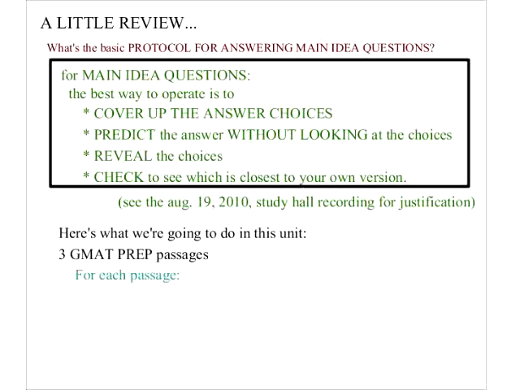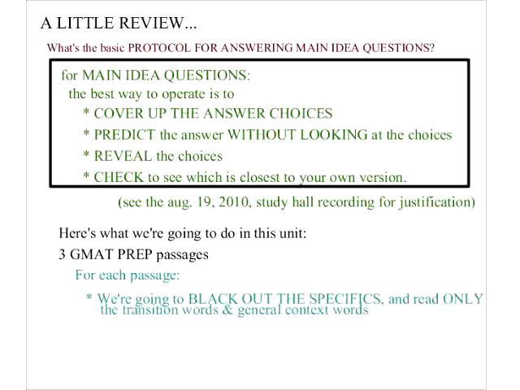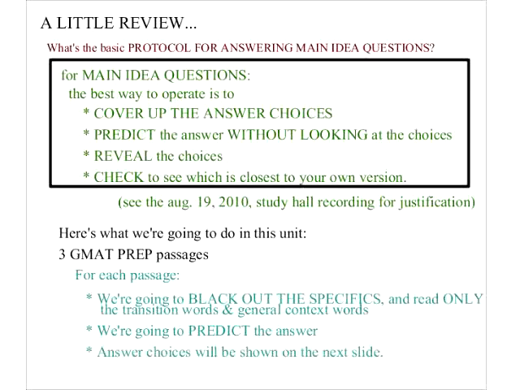For each passage, we're going to black out, we're just going to erase the specifics and read only the transition words and general context words. We're going to predict the answer, and then answer choices will be shown on the next slide.